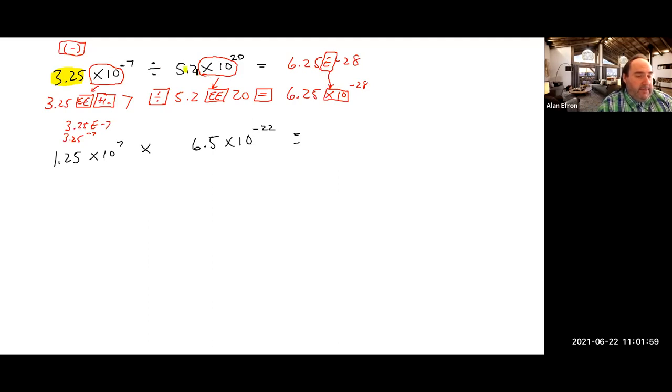The second number has 2 significant figures, which means our answer should only come to 2 significant figures in this particular case. So we need to do some rounding, and we should give this answer as 6.3, as this is a 5, which means we round this up by 1, times 10 to the minus 28. Any questions on that?